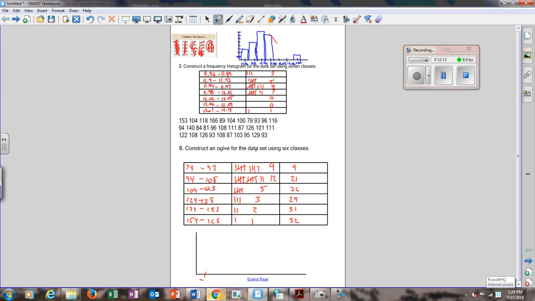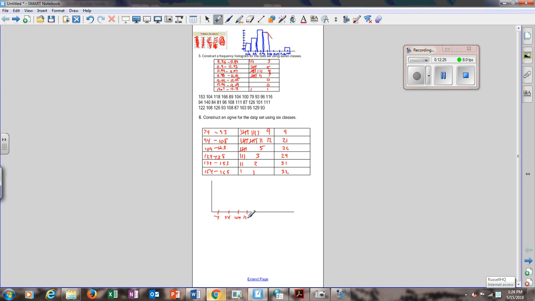Do 79, 94, 109, 124. Nice. 139, 154. And up the side, you do, say, 5, 10, 15, 20, 25, 30, 35.